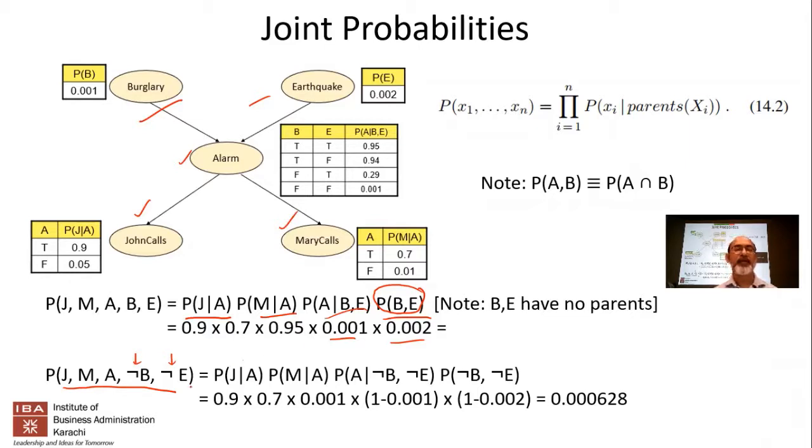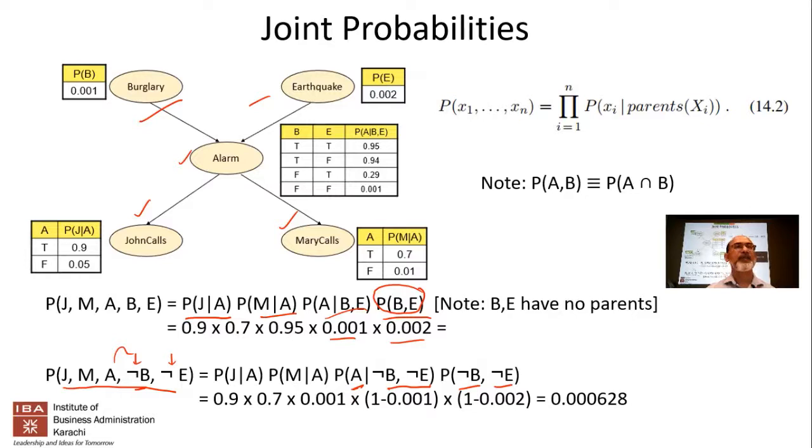We're going to take all of those cases again, and instead of using simply B, we're going to use not B. Instead of saying A, because now we have to use the parents' probability, we're going to say A given not B and not E. Then we're going to do the multiplication with the not values. Hopefully we'll do some examples as well so that you get into the practice of working this out.